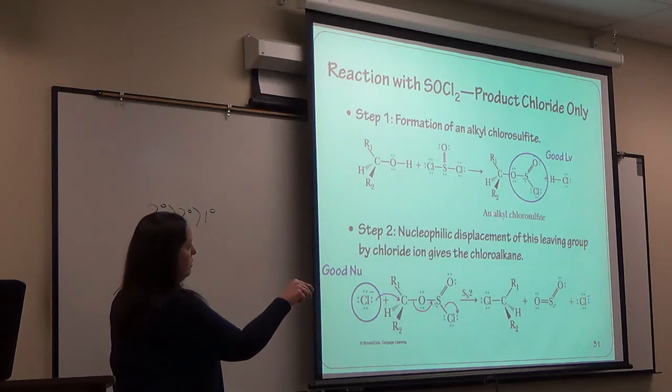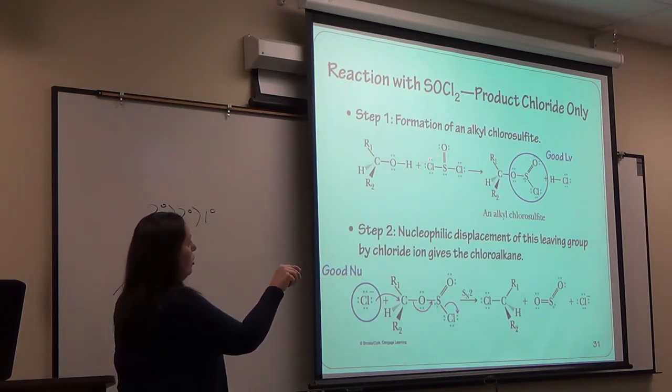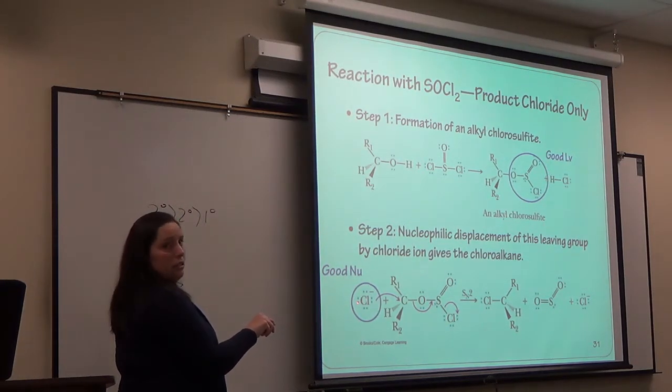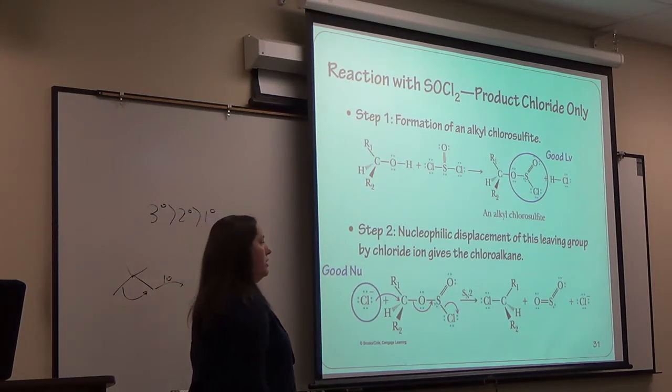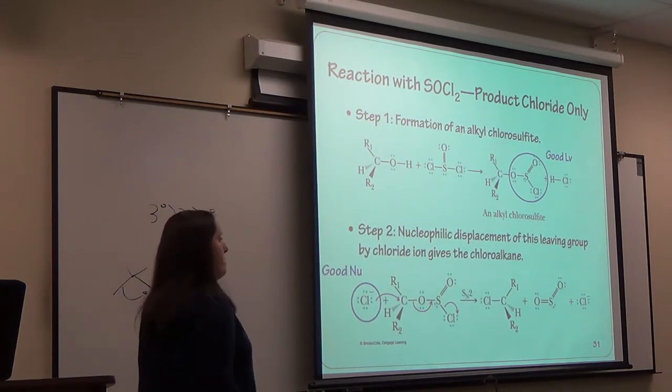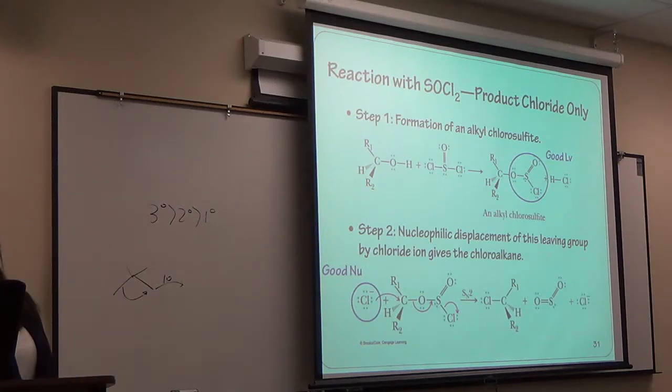And then again, that's formed from the first step, from the thionyl chloride. One of those chlorides acts as your nucleophile in the second step: attack, leaving group leaves, concerted. So that's Sn2. That makes sense.